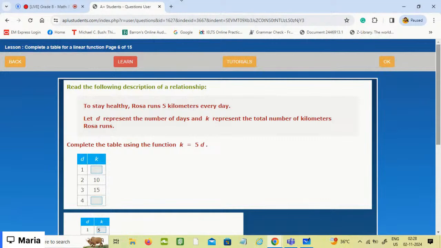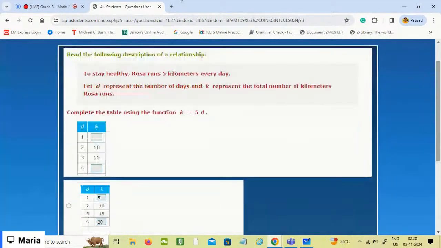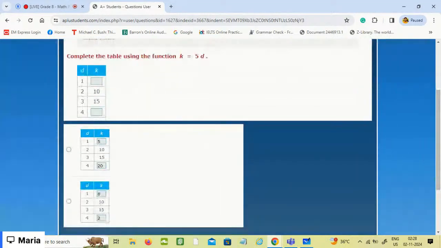Complete the table using the function k equals 5d. So, which is the correct option? You need to calculate the value of k for d equals 1 and d equals 4.